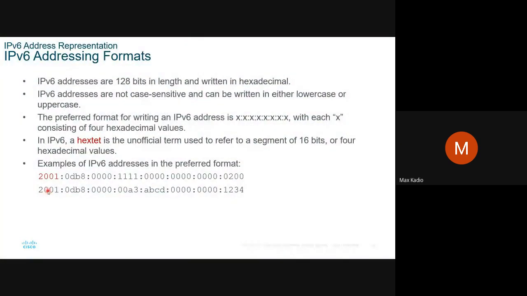You see 1, 2, 3, 4, 5, 6, 7, 8. One digit is a hexadecimal. Like you see here, B is hexadecimal. You must go back to your table: B is what in binary, and that binary is equal to what in decimal. So this is an example of IPv6.